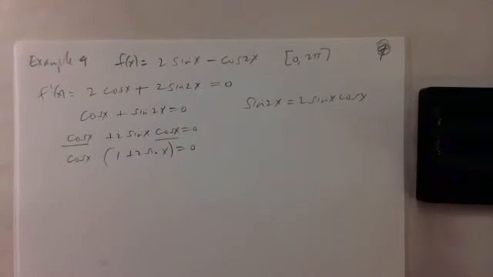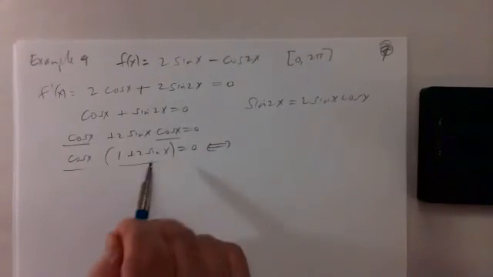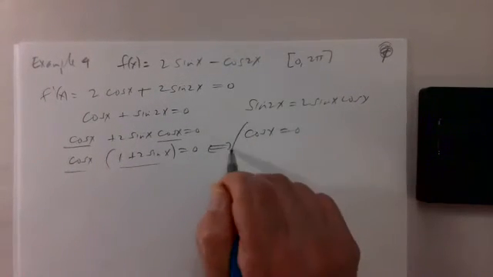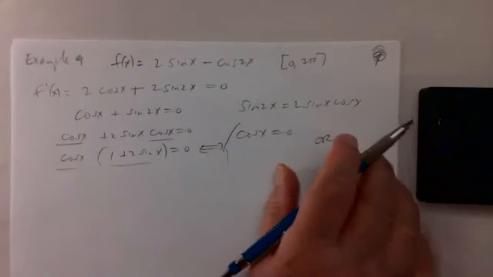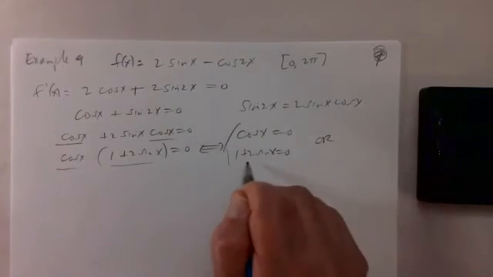So I have to do this little bit of trig and algebra. And when is this equal 0? This equals 0 if and only if one or the other of these factors equals 0. Cosine x equals 0, or 1 plus 2 sine x equals 0.